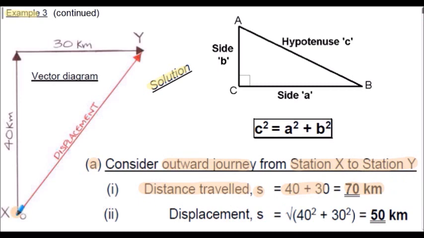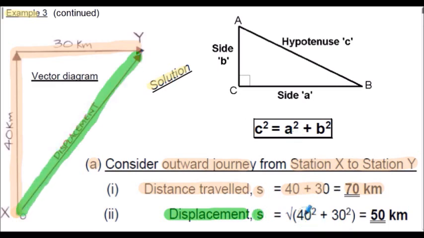That's this distance here of 40 kilometers, then we add 30 kilometers to it to arrive at station Y. And the displacement, also symbol S, here, is calculated using Pythagoras' theorem, as shown above here. So the displacement of Y from X is 50 kilometers. So notice an example here of how distance and displacement are actually different quantities.